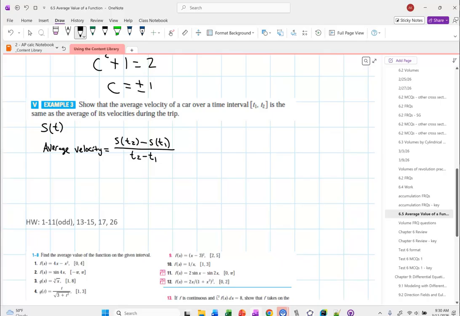Everybody's okay with that? The average of the velocities would be like the average, right?